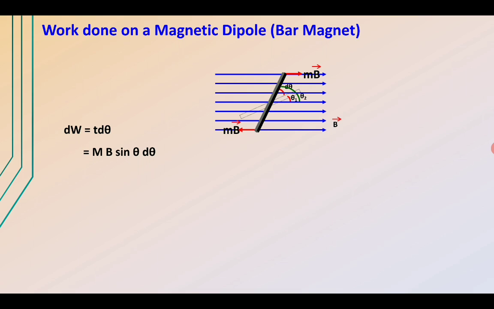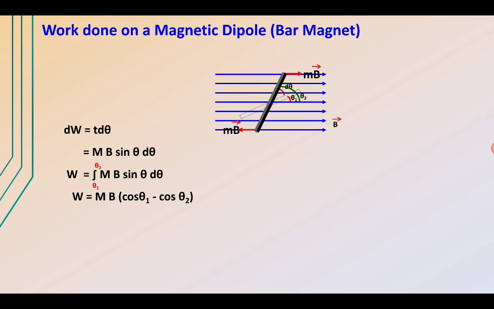What if we want to find out the total amount of work done if we are displacing this magnet, or the couple is rotating this magnet from θ1 position to θ2? In that case the total work is given by W = ∫ mB sin θ dθ for the limit θ1 to θ2.